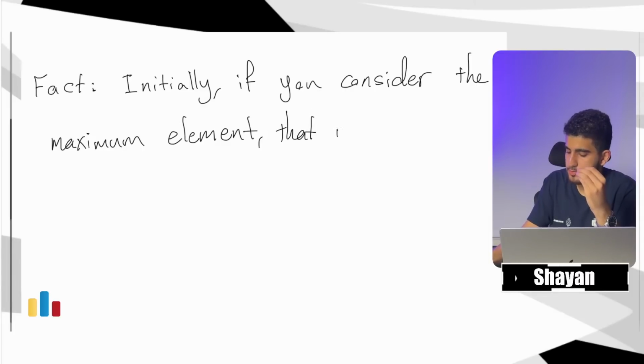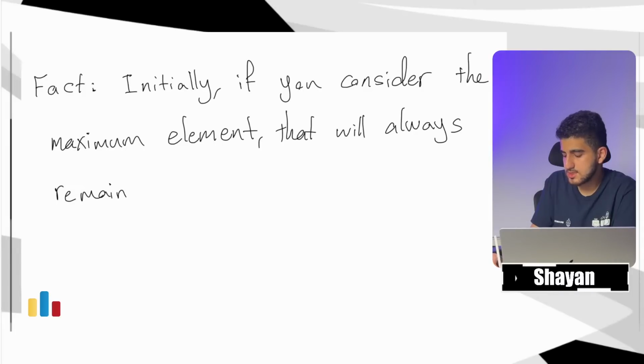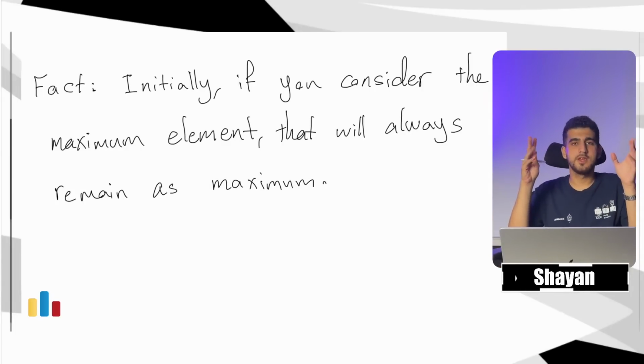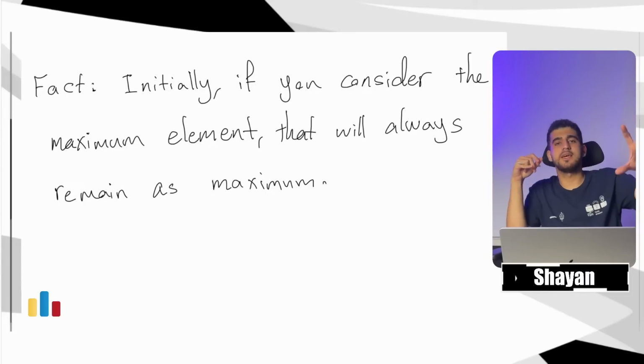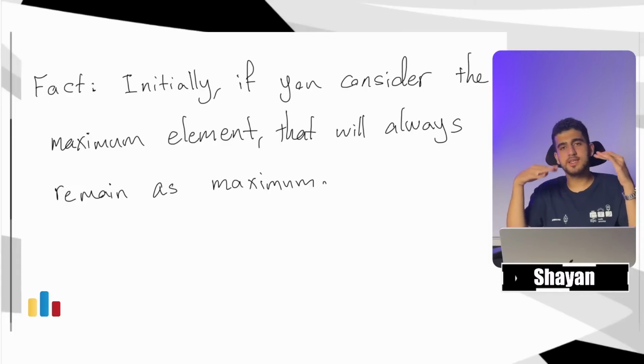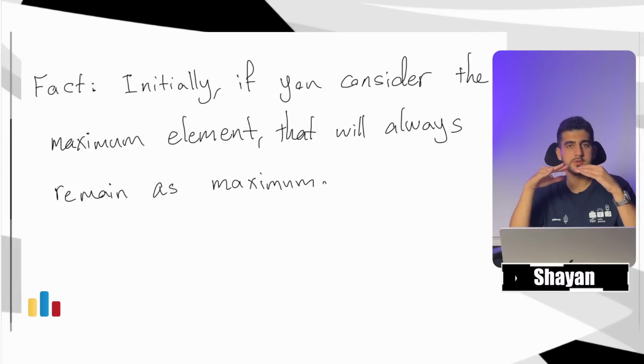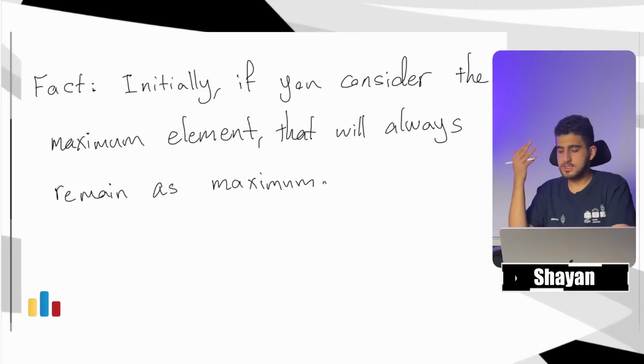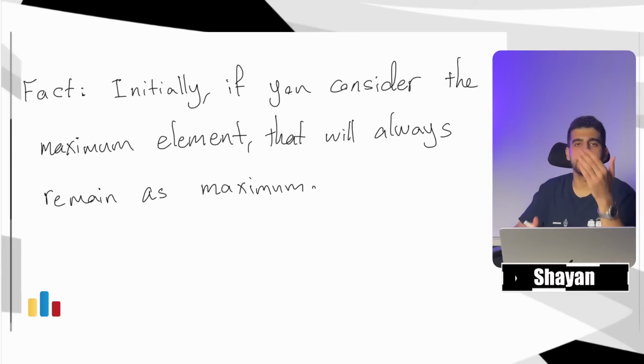Whatever the maximum number is, that element always remains as maximum. It's never possible that some other element would become strictly greater than it. It's possible that the rest of the values become equal to it, but no value can be strictly greater than it. Because the point is that you cannot jump in here.